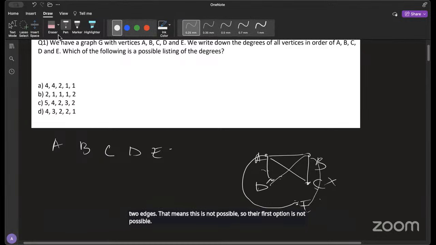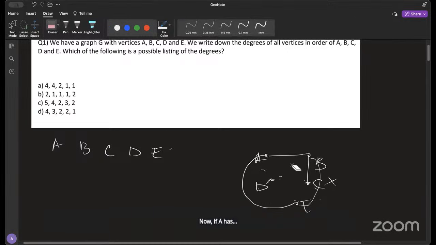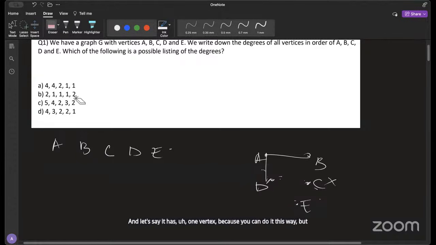Now, if A has two degrees, that means it's connected to any two vertices. But it says that E has two edges, right? So let's just do it with E to make more sense of this option.